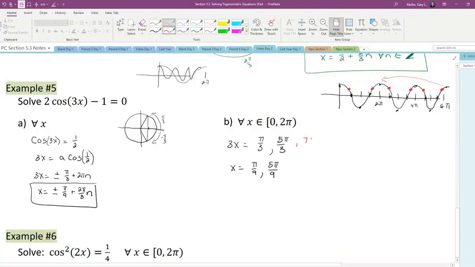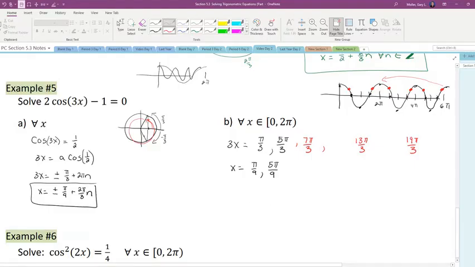So coterminal would be 7 pi over 3. That's pi over 3 and then going all the way around again. If I go around one more time, that's going to be 13 pi over 3. If I went around one more time, that's going to be 19 pi over 3.